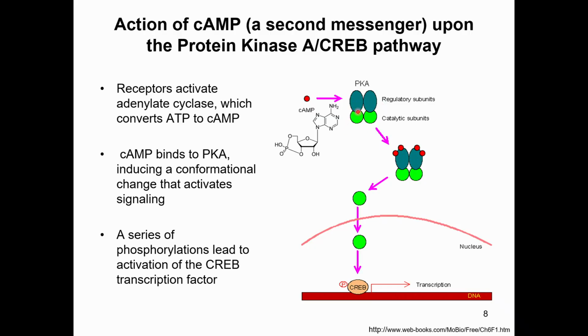And it activates PKA. The regulatory subunits bind the second messenger, cyclic AMP. The catalytic subunits of PKA are actually kinases, and they can phosphorylate themselves, and indeed lead to a series of phosphorylation events, a phosphorylation cascade, which is called a kinase cascade.